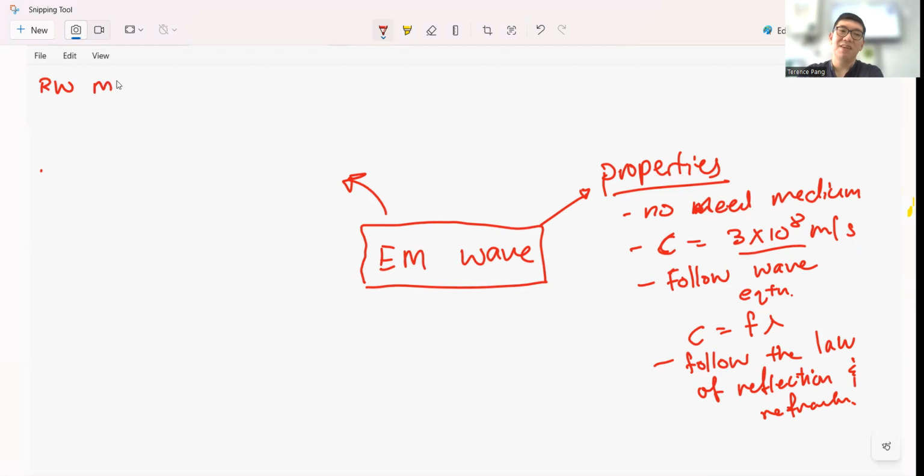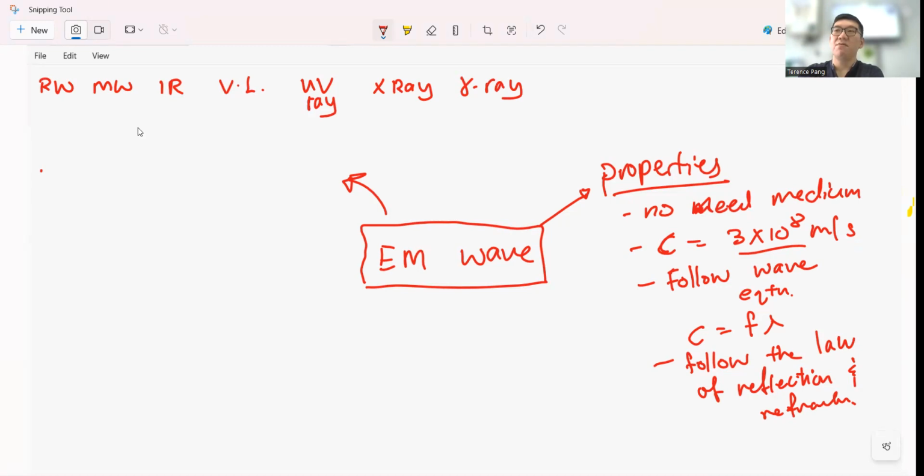Microwave, infrared, visible light, and then ultraviolet. Some might call it UV, ultraviolet rays.